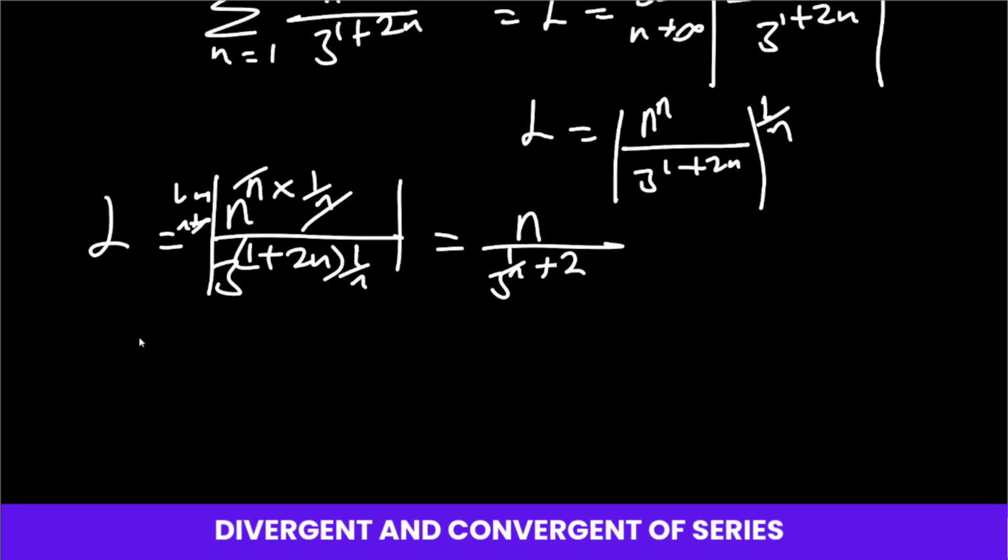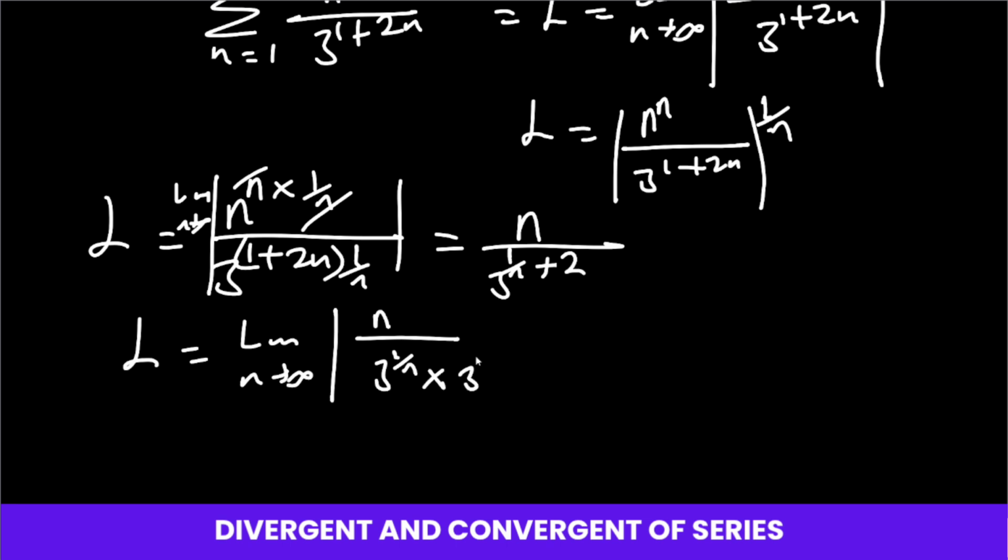So L is now equal to the limit as n approaches infinity of n on 3 to the power 1 on n, which can also be written as times 3 to the power 2.